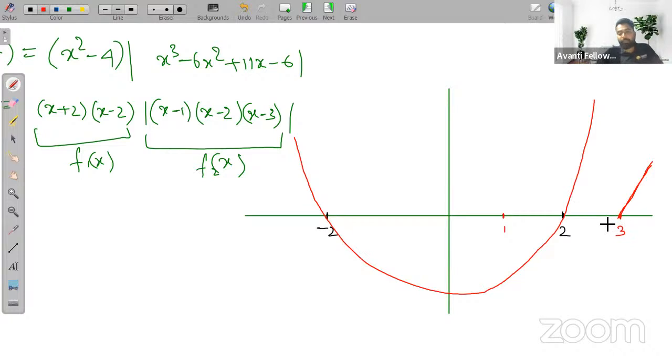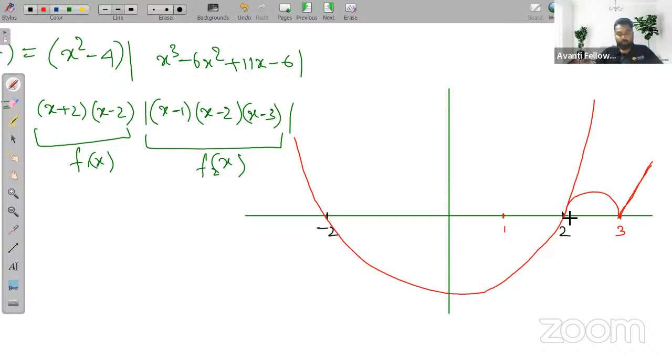In between 2 and 3, if you take any value, say 2.5, it will give you a positive value.